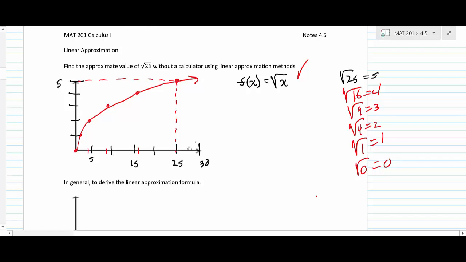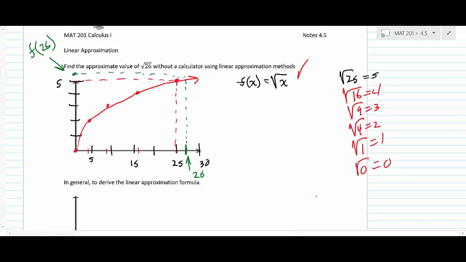Now we're going to go to 26, so let's put in a 26. We go up to the curve, and that's a little bit bigger y value, only a little bit bigger. What we're trying to do ultimately is find what f of 26 is. You would expect it to be 25 point something, just a little bit bigger.